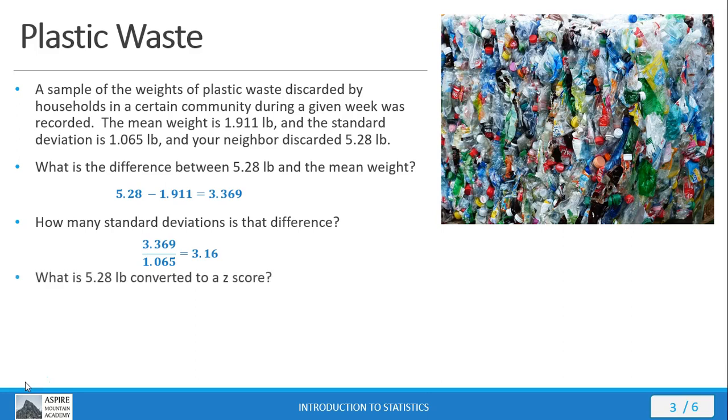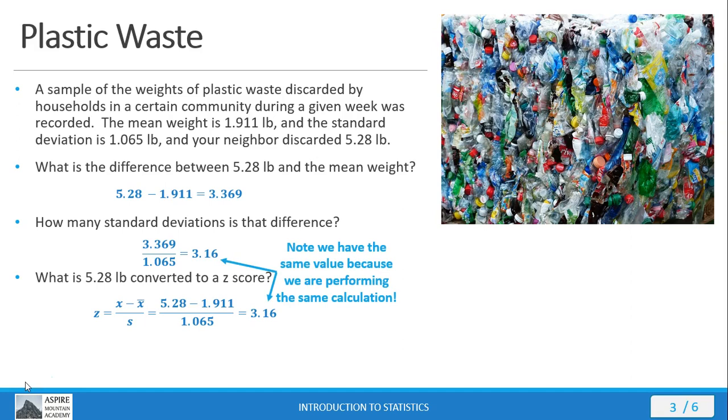Now, what is 5.28 converted to a Z-score? I'll give you a moment. Well, the prior two parts we just completed together comprise the calculation for the Z-score. If you look closely enough, you should be able to see we have the same answer because we performed the same calculation.